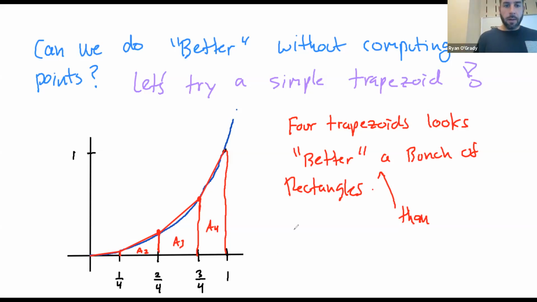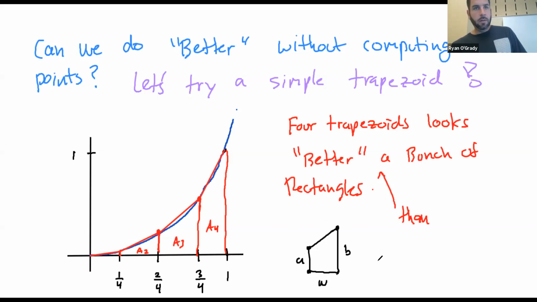So the key observation is that if my trapezoid looks like this, and let's say its width is W, and we'll call this A, and we'll call this B. So what's the area?